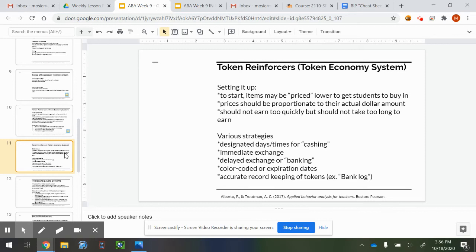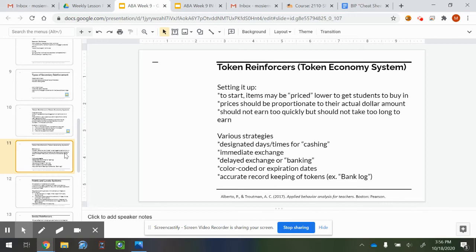Other students, though, will hold on to those points and maybe never spend them. That might be a sign that this is not a good reinforcer for them. But by offering tokens that have expiration dates, that will encourage them to spend and take advantage of those backup reinforcers more often.